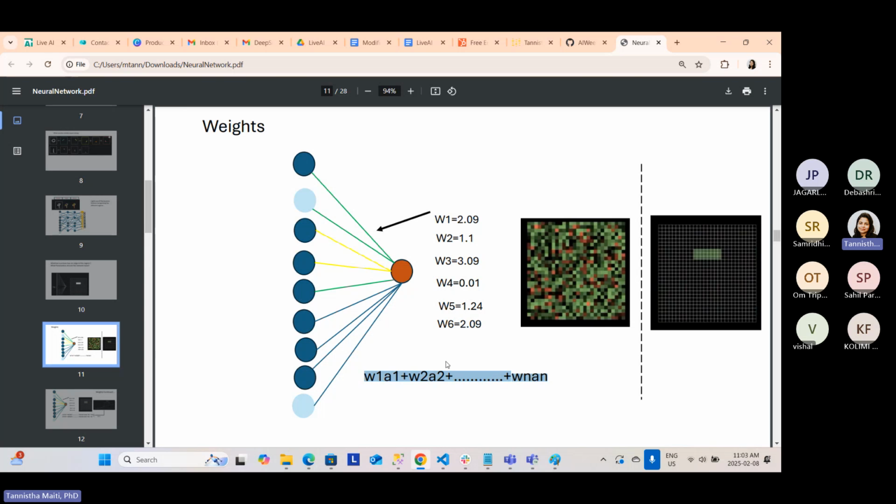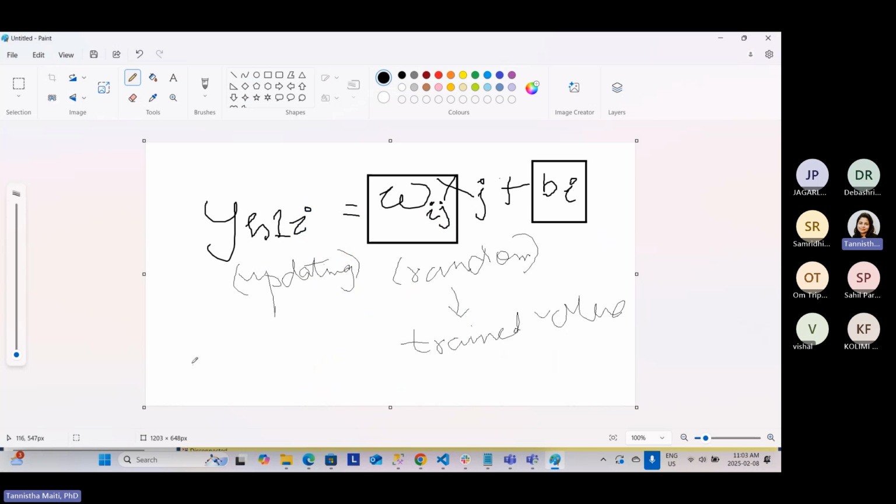And like that, if I have 16 neurons in my first layer, then W has a size of 784 into 16. Okay, so W basically becomes a size of 784 into 16.